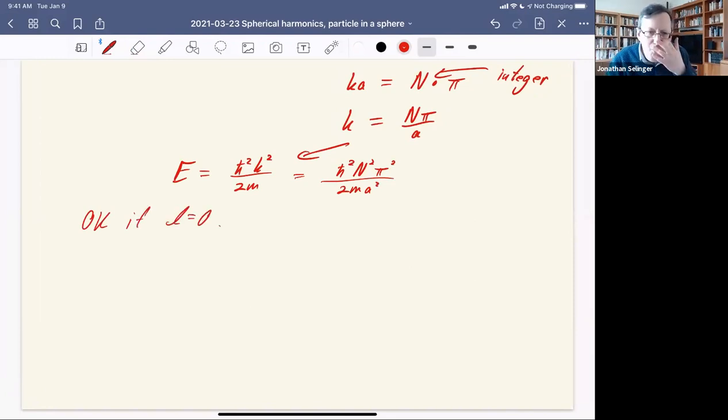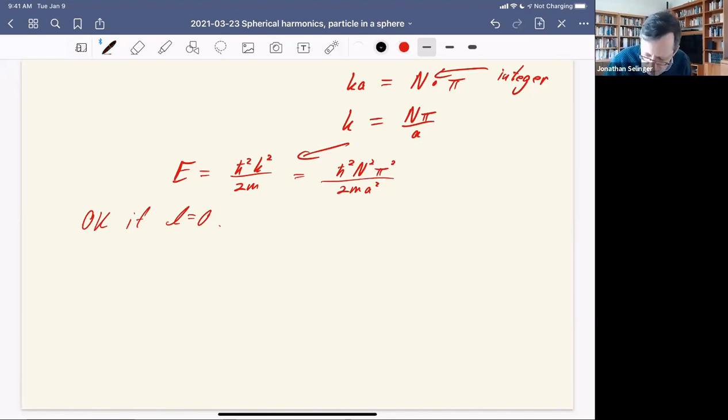So we know now the special separable solutions if L equals 0. But now you're wondering, well, what if L is not equal to 0? Because we know that the number L can be any integer greater than or equal to 0.